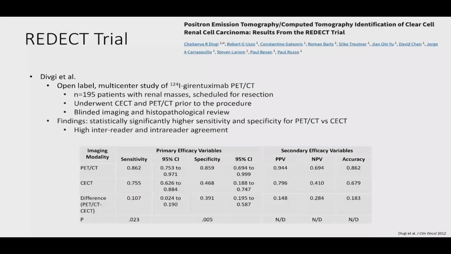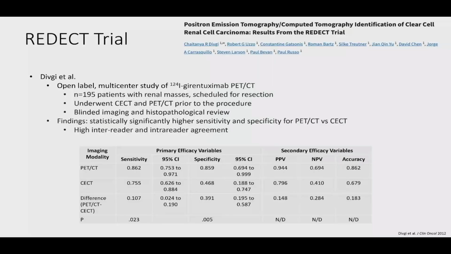The same group then published the REDECT trial, which is a larger multi-center trial assessing girentuximab PET-CT as a tool for clear cell RCC identification on imaging. In this study, 195 patients were included, and all of them had already been scheduled for surgery.